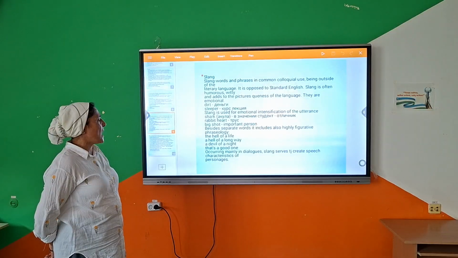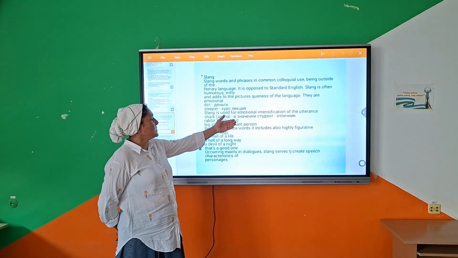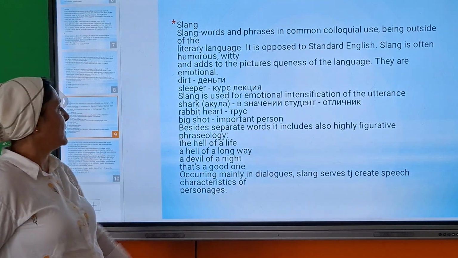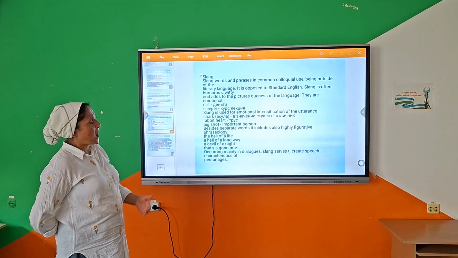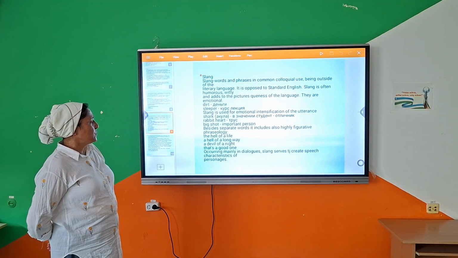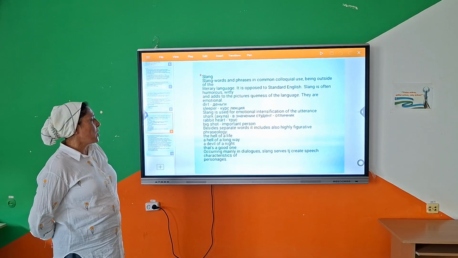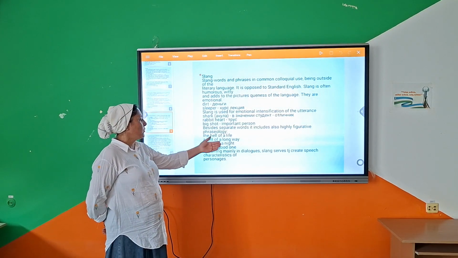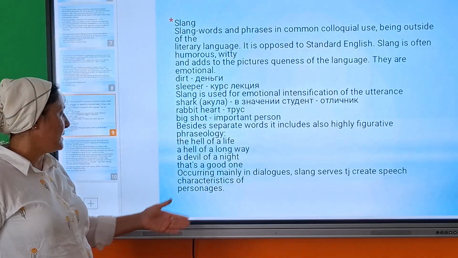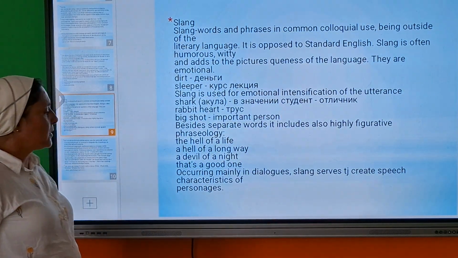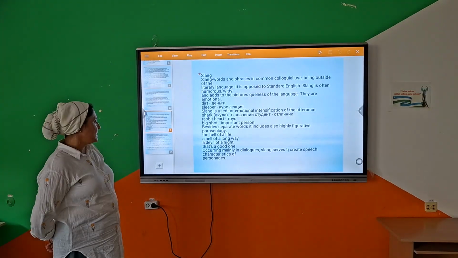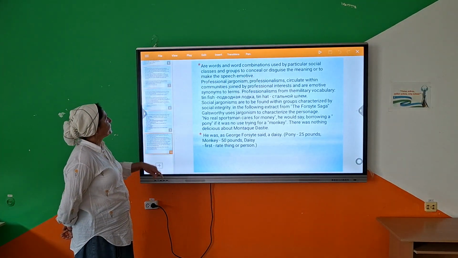For example, shark in the meaning of well-behaved student, rabbit, heart, or cow. Besides separate words, it includes also highly figurative phraseology: the hell of a life, a hell of a long way, a devil of a night, that's a good one. Occurring mainly in dialogue, slang serves to create speech characteristics of personages.